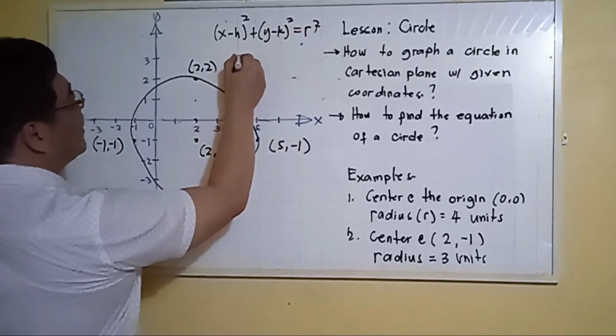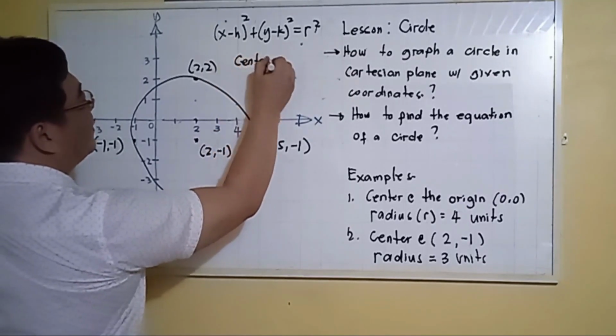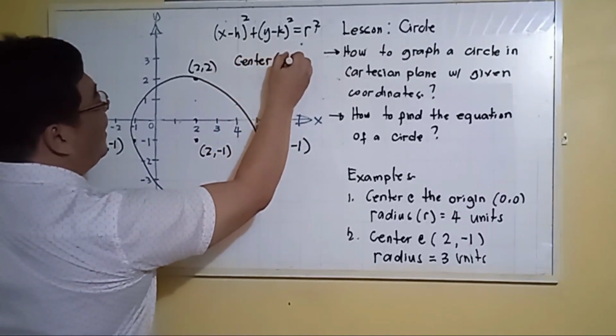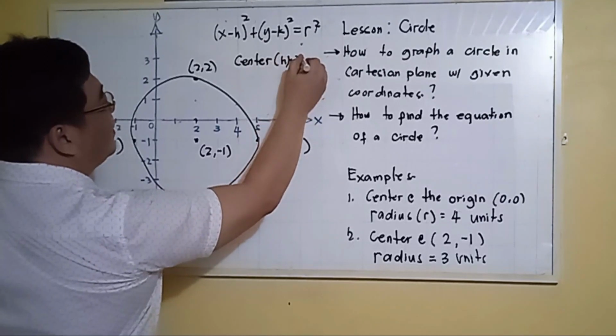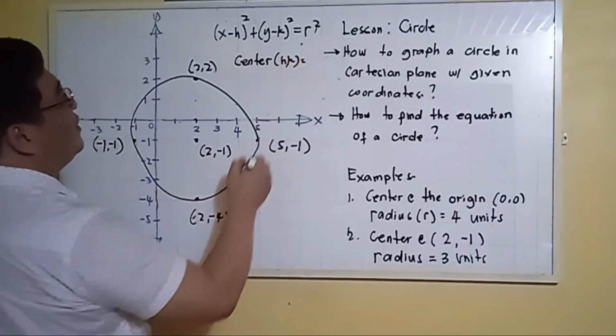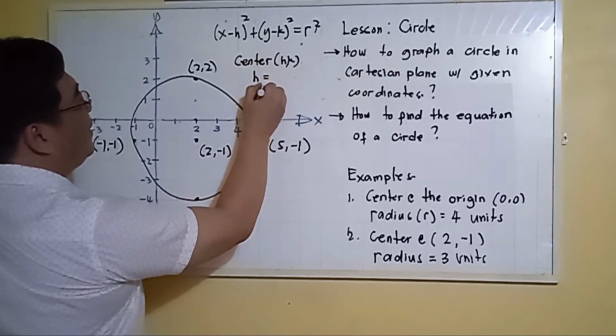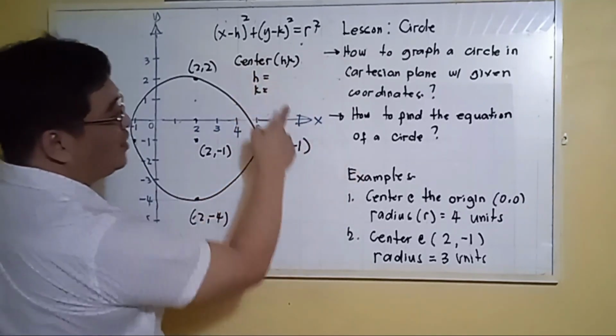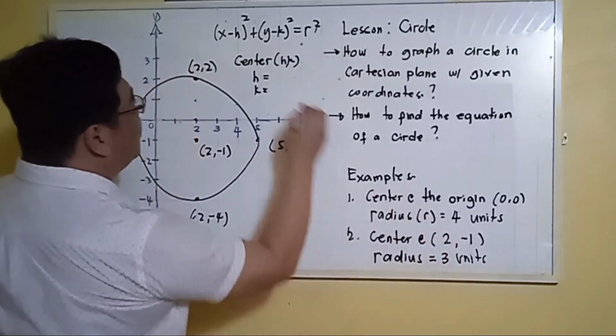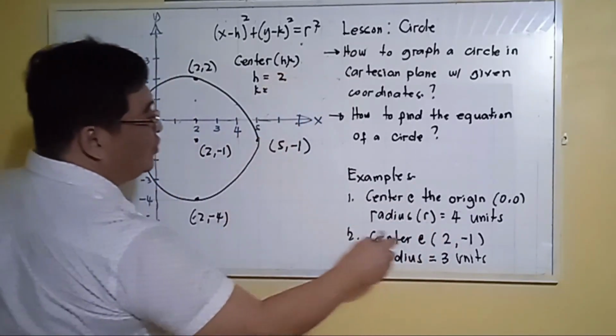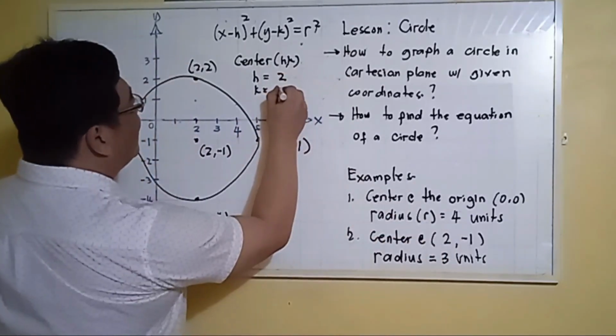So, this time, yung center, hk, wherein h and k, yung h is 2, yung k is negative 1.